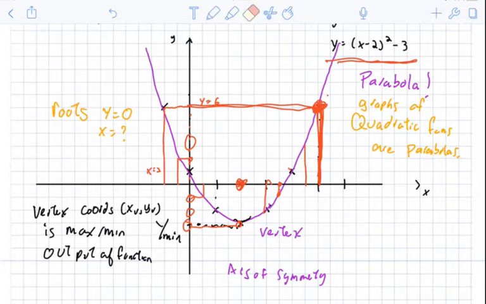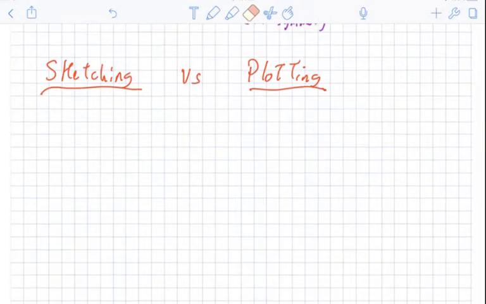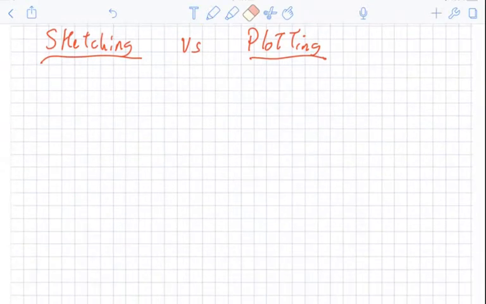If you're sketching a graph, you just want to see the basic features. Is it an increasing function or a decreasing function? Are the lines of it going up or down? Where around is its maximum? Where's its minimum?